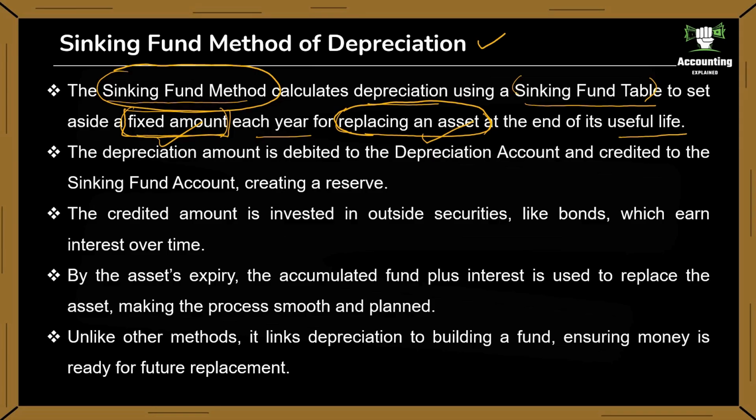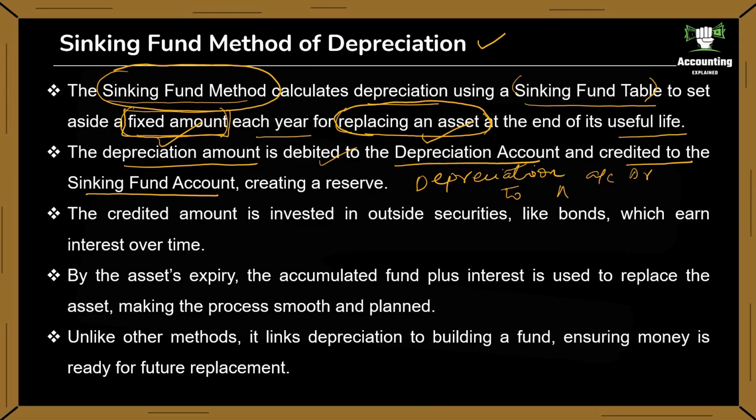Okay. The journal entry for depreciation under the sinking fund method is: depreciation amount is debited to the depreciation account. That is usual. Depreciation is treated as an expense, which is why the depreciation account is debited, as all expenses should be debited, and credited to the sinking fund account. What usually we do, the journal entry for depreciation is depreciation account debit to asset account, right?